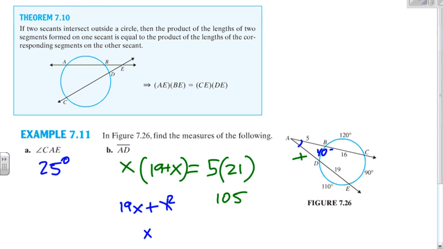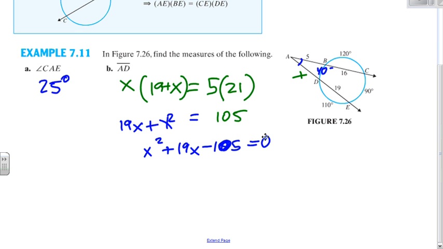So x squared plus 19x, we'll move the 105 over, subtract 105, equals 0. So we have a quadratic equation, so let's use the quadratic formula to solve for x.